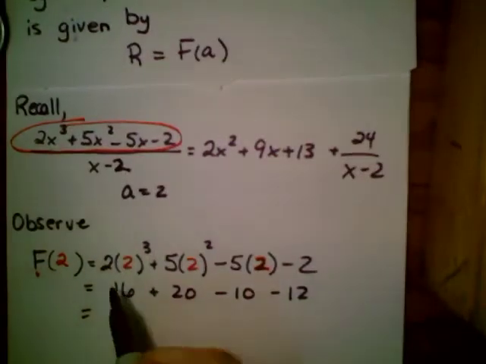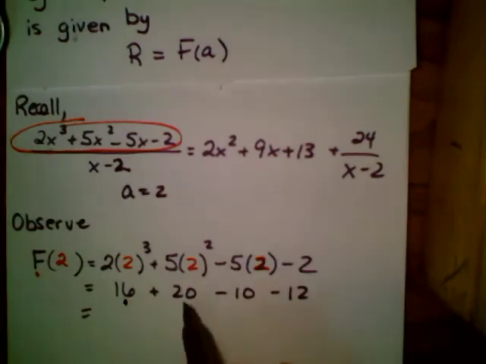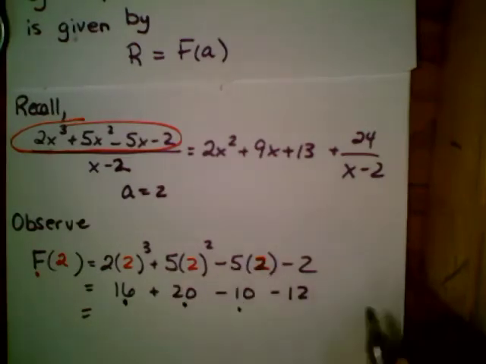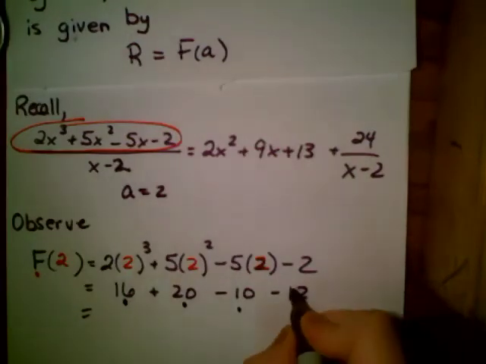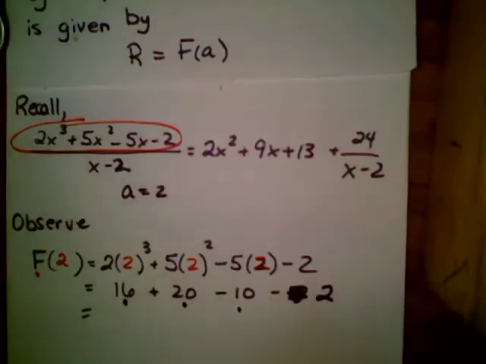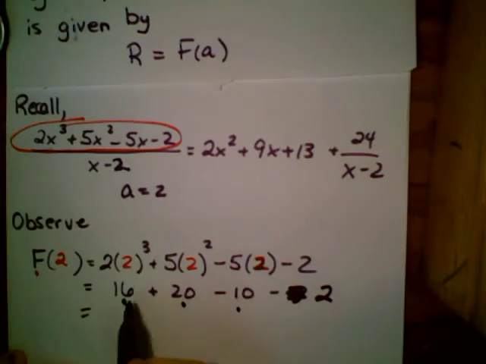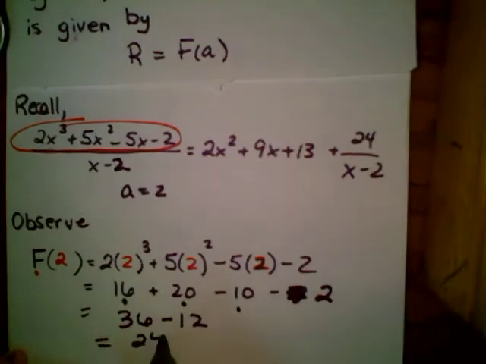And doing a little arithmetic, I get 2 times 8, 5 times 4, negative 5 times 2, and I still need to subtract 2, and it looks like I get 36 minus 12, or 24. The remainder theorem guaranteed that f of 2 is going to be 24.